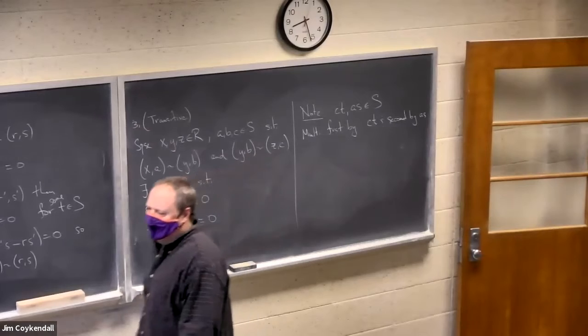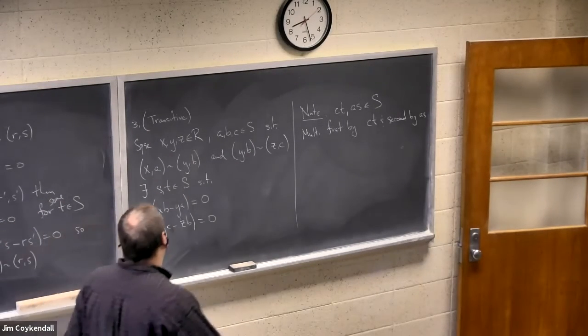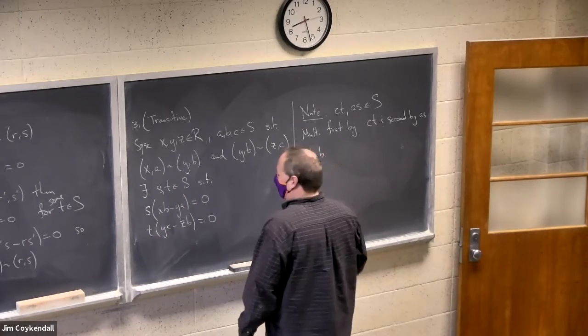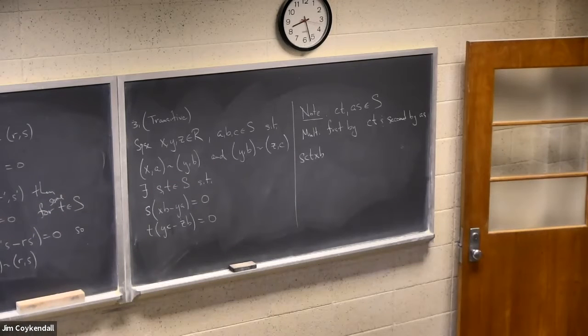So I get the first one, SCTXB. See, all those players are here. I guess I put them in order for a certain reason. I'm, of course, taking advantage of commutativity quite a bit. Minus SYI.